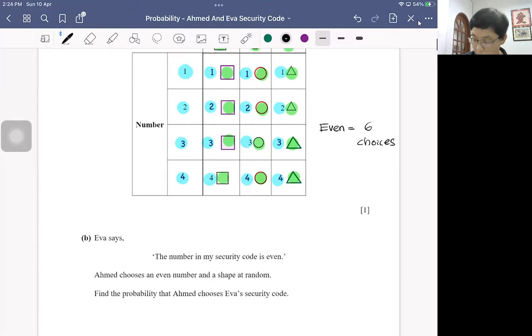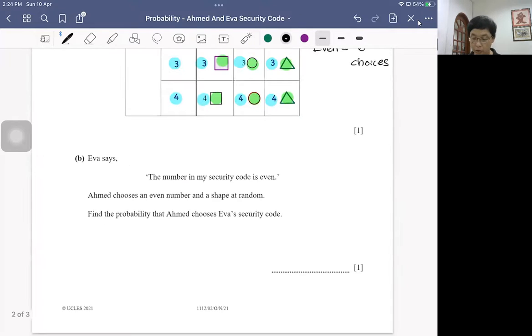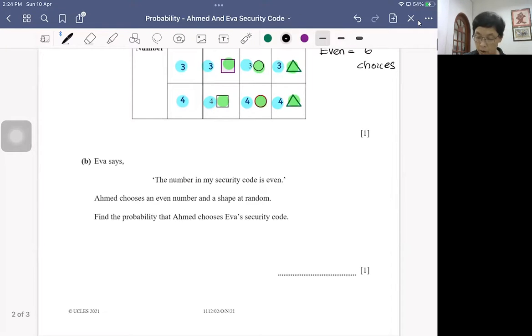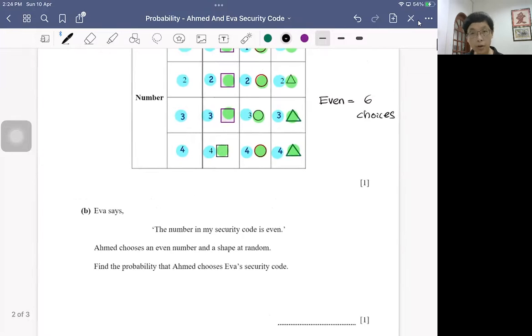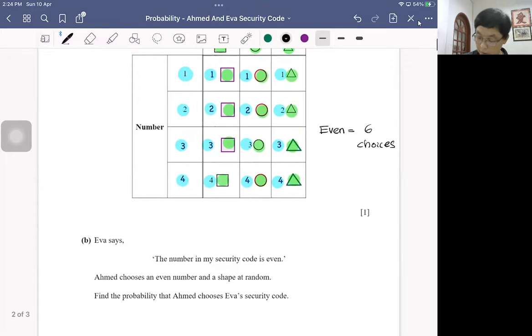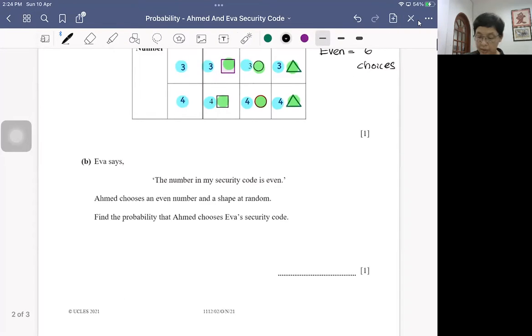All right, so this is what we have got so far by reading. So Eva's security code is this. Okay, so let's put in that this is Eva's. Now let's read the next sentence. Ahmed chooses an even number and a shape. So Ahmed is making up his security code by choosing 1 even number and 1 shape.